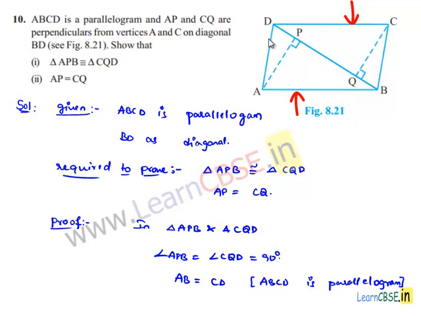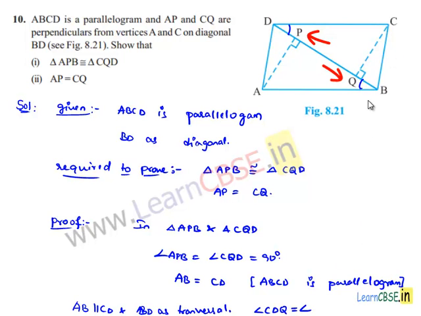Now if we consider AB parallel to CD and BD as transversal, we can say angle CDQ is equal to angle ABP, since they are alternate interior angles.